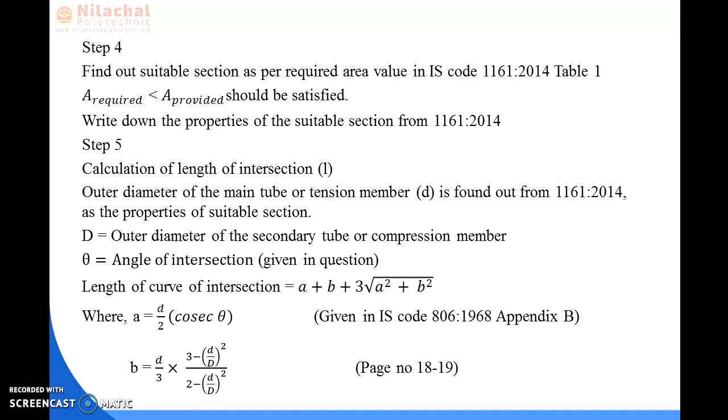Next is step 5. Here is the calculation of length of intersection, that is denoted as L. The outer diameter of the main tube or tension member, denoted as small d, is found from 1161-2014 as per the properties of the suitable section.